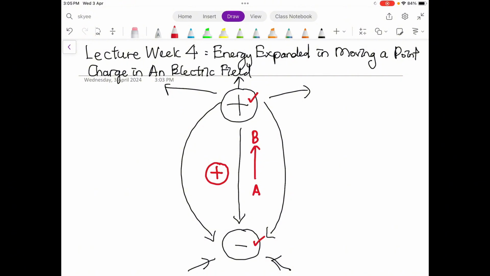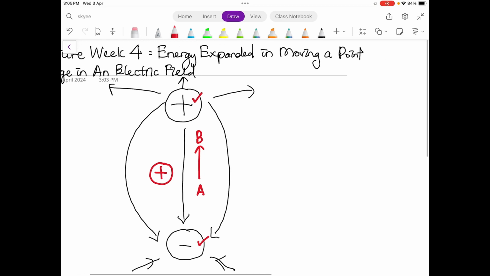In order to keep this positive charge static at its position, the force F due to the charge must equal the negative of the external force.